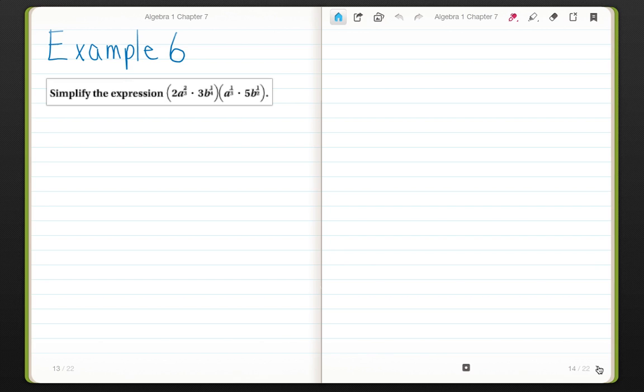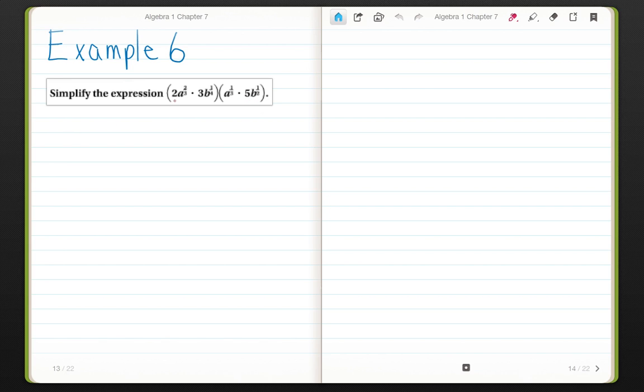Multiplying powers with the same base. Even though the exponents on these bases might be fractions, the same rules apply. You still add them together. So simplify 2a to the 2/3 times 3b to the 1/4 times a to the 1/3 times 5b to the 1/2.